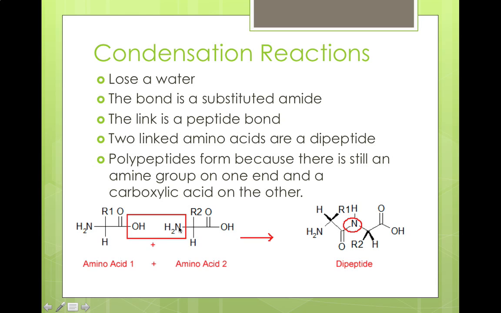All that's left here is an N and an H, and it goes straight to this carbon that's attached to the oxygen in the carboxylic acid. So I have my finished structure here. This is a dipeptide because it's formed from 2 amino acids, and that N that's circled there, that's my peptide bond, peptide bond right there.